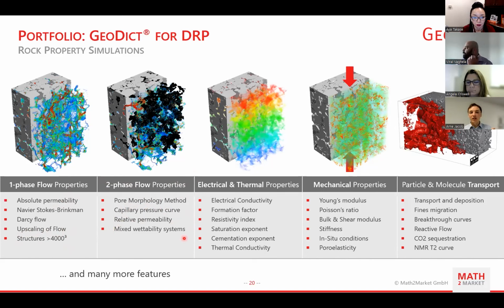And we also have an approach where you can even consider mixed wettability. So if you have alternating primary drainage, forced imbibition or spontaneous and forced imbibition, secondary drainage. And that is always under consideration of the entire contact angle range you would have when wetting your sample with oil or water. Then you can determine electrical and thermal properties.